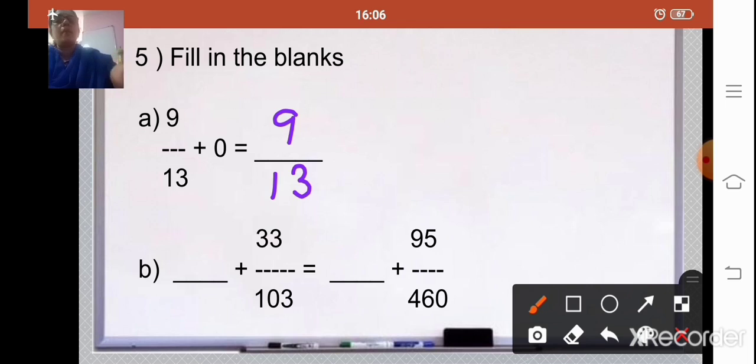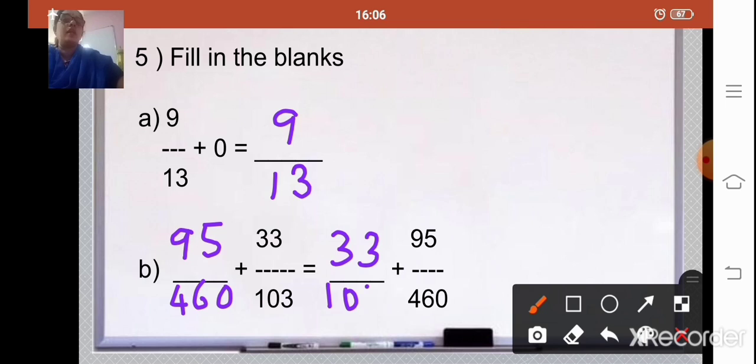So the second number, 95 upon 460, you will write here, and here if you change the order, that is 33 upon 103, the sum of the fractions will remain the same.